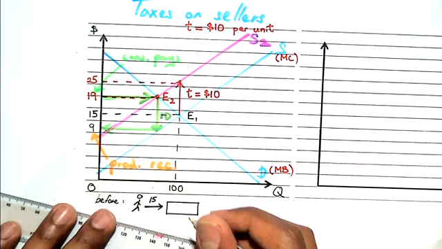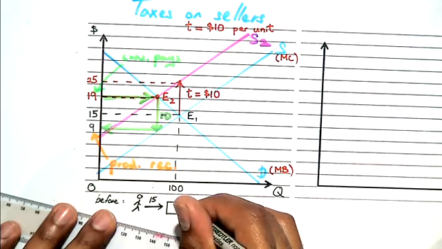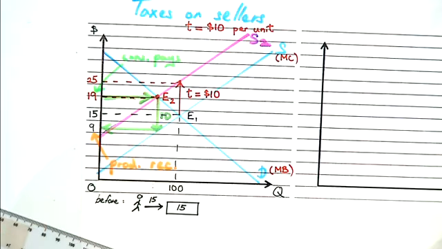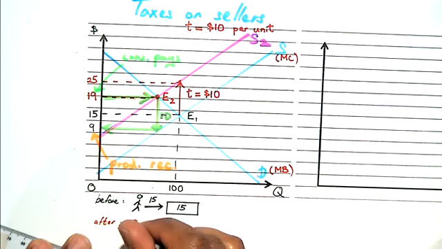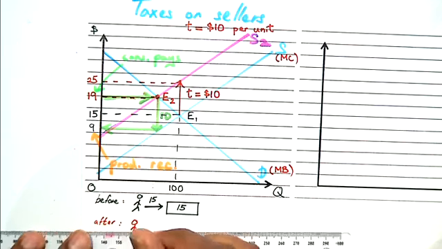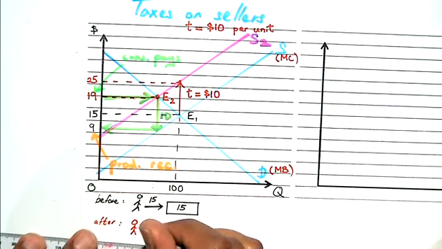If this was you and you were the consumer, you would give $15 to the store, and they can keep 15, right? After the tax, how much do you pay? When you walk into the store, you would pay 19.